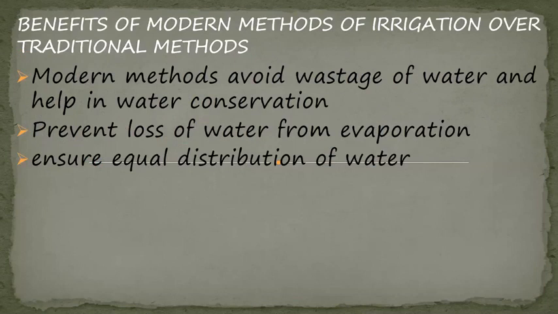Let's discuss the benefits of modern methods of irrigation over traditional methods. Modern methods avoid wastage of water and help in water conservation. They prevent loss of water from evaporation, and also ensure equal distribution of water.